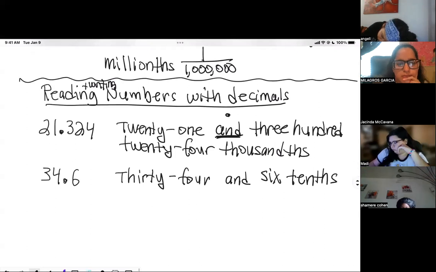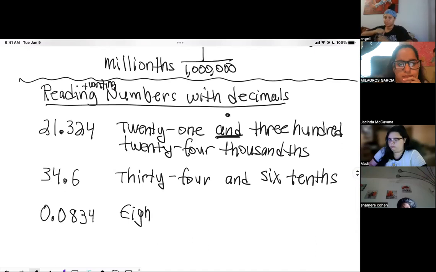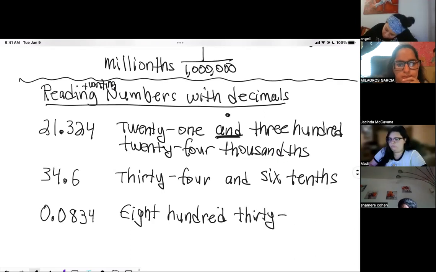I'll do one more. Let's do something like this, 0.0834. Okay, so we don't have a whole number in front, so we don't have to use the and. It just starts in the decimals. So we're going to do 834.